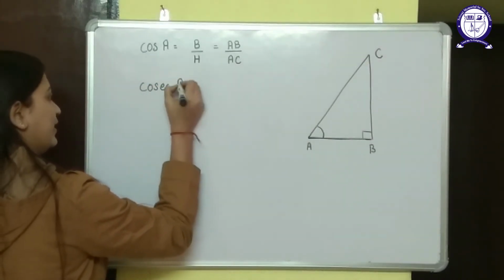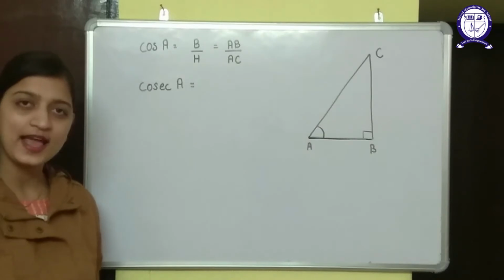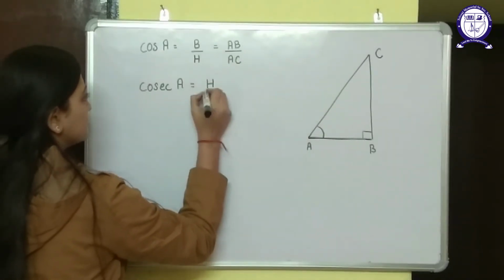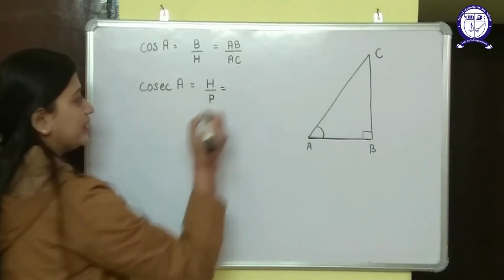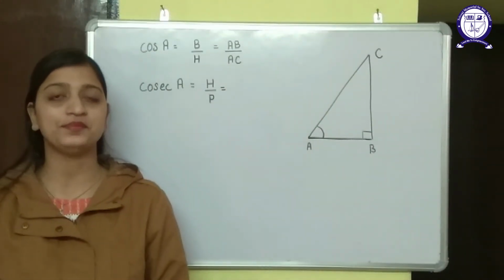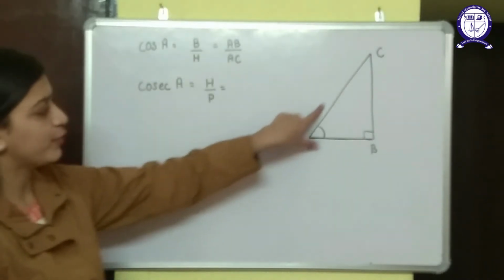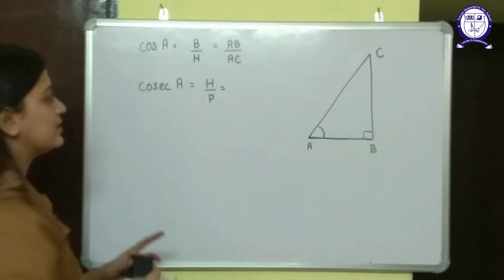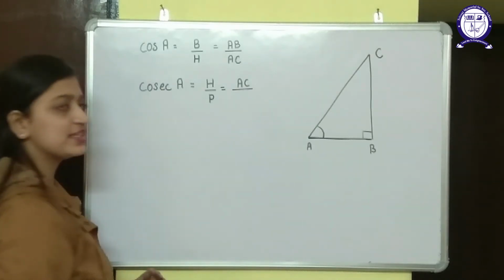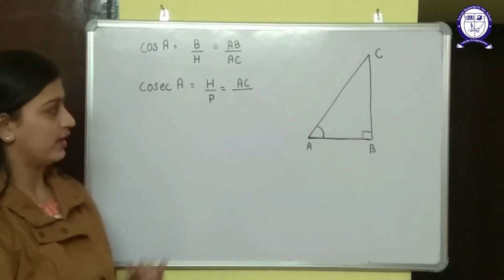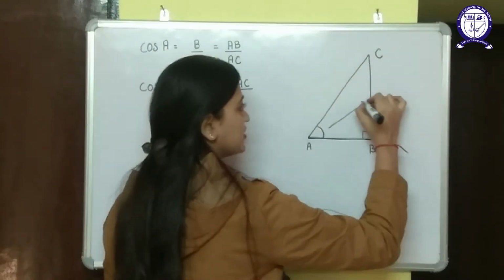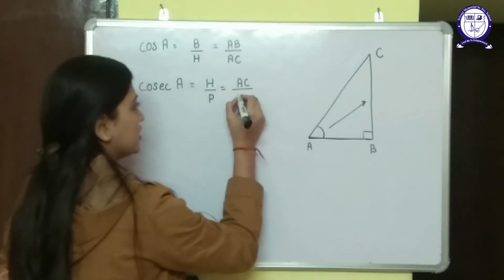Now suppose it's asking me to find cosec A. Cosec A has the formula H upon P. H is again the side which always remains the same, that is the hypotenuse, so hypotenuse is my AC. And P is the side opposite to the angle. For angle A, the side opposite means this side BC.